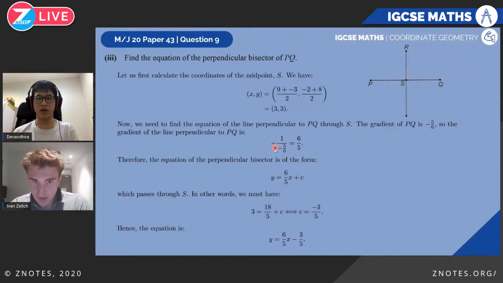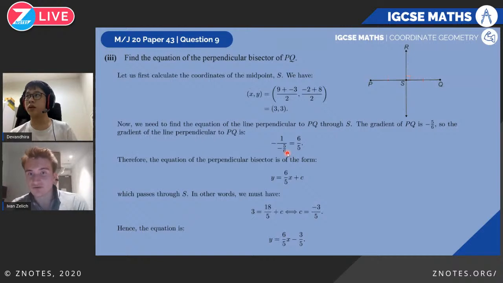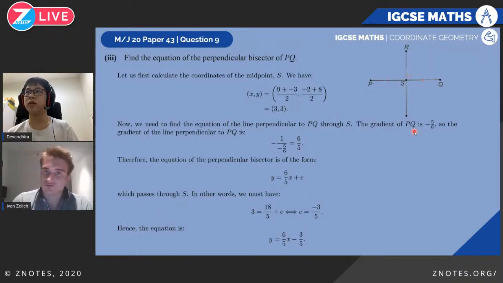As I put here, you can also just think of it as the negative of the reciprocal of the gradient of PQ. So it's the same thing, but the formula for perpendicular lines is that the product of the two gradients is -1.